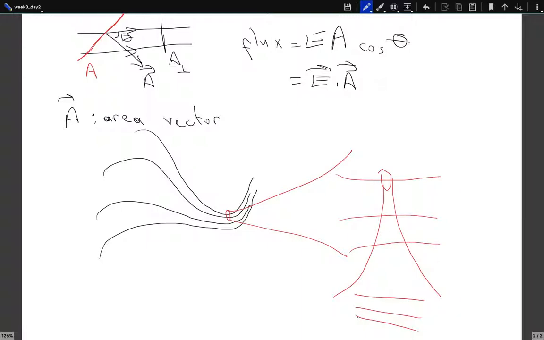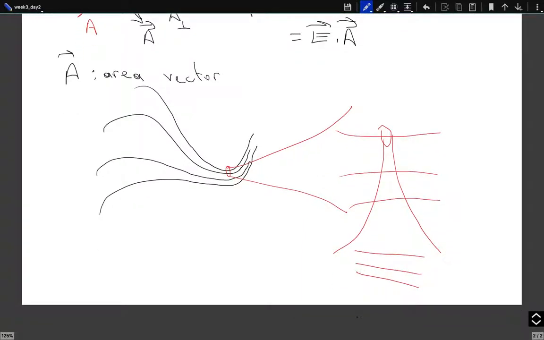If you have an arbitrary region of space, here we have many electric field lines. The electric field is not uniform. If I want to calculate the flux passing through some area, let's pick this area. What I do is I divide that area into very small bits.